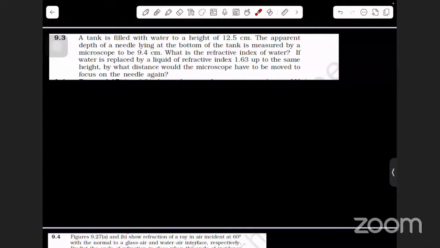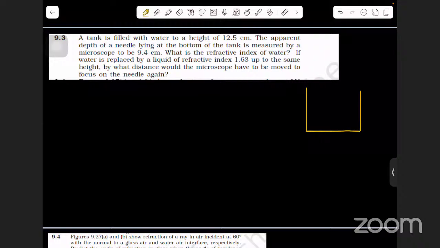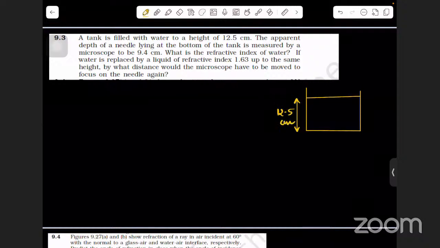Let's read the question first. A tank is filled with water to a height of 12.5 centimeters. So the question says, I have a tank over here and it's filled with water up to 12.5 centimeters.